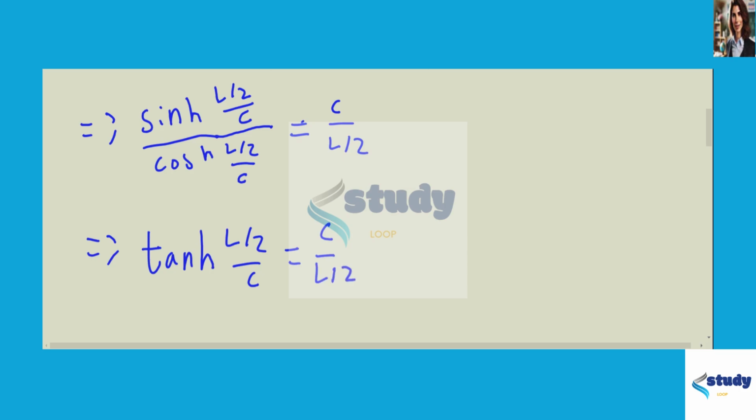And what we can do here is solve for this term here to get a numeric answer. So we rewrite that, solving for that term, L over 2 divided by C, and we'll get a numeric answer that's equal to 1.1997.